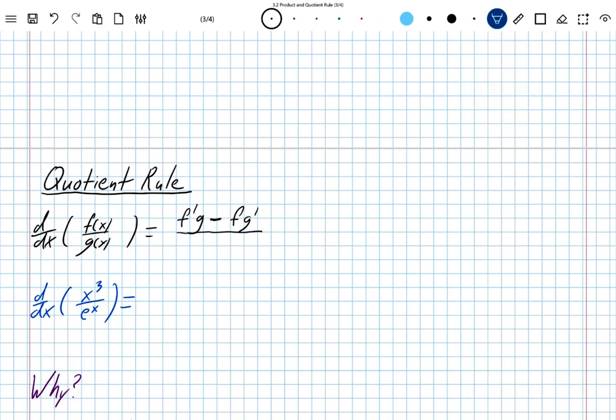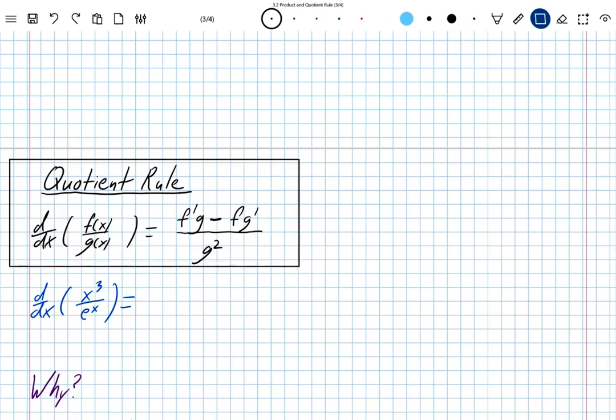On bottom, I didn't tell you there's a fraction, but there is a fraction. On bottom, we're going to get g squared. Put a little box around this. Boom. All right. We'll talk about why in a second, or maybe we won't talk about why. But let's do an example, because it's easier said, I think, than done.